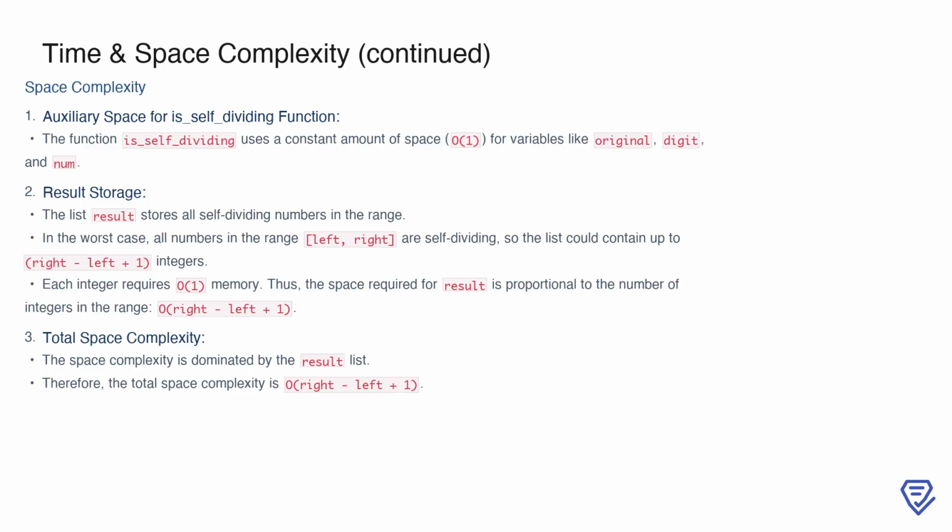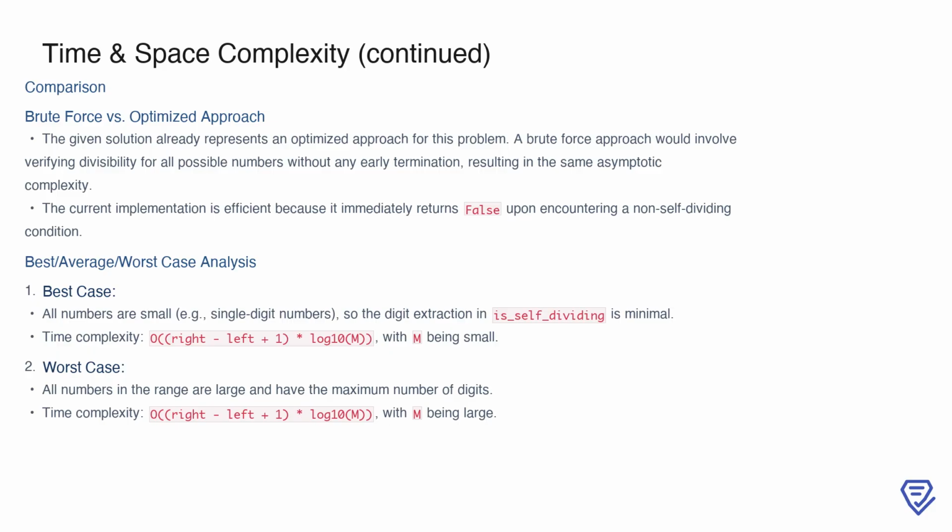dominates the memory usage. Let's compare this approach to a brute force method and discuss best and worst case scenarios. The current solution is already optimized because it stops checking a number as soon as a non-self-dividing condition is encountered. In contrast, a brute force approach would involve testing all possible numbers without any early termination, but it would ultimately result in the same asymptotic complexity.